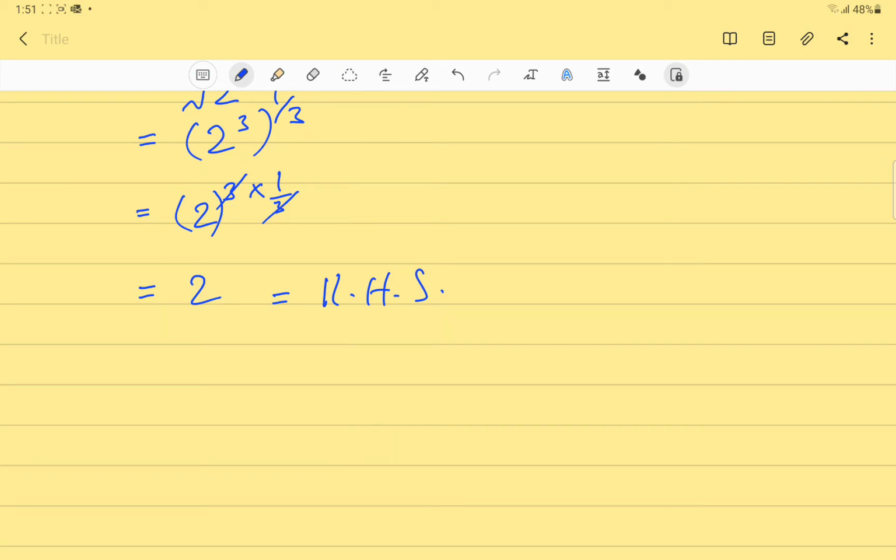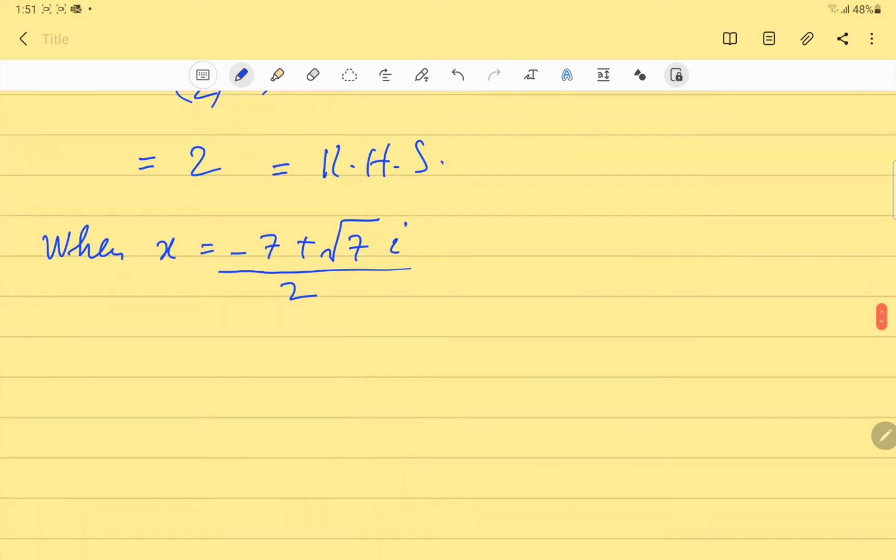Now check for the other two roots. When x is equal to minus 7 plus square root of 7 iota over 2, the left hand side is equal to cube root of x plus 6.